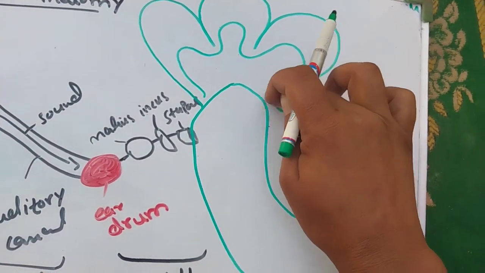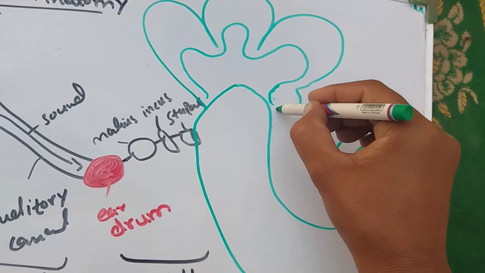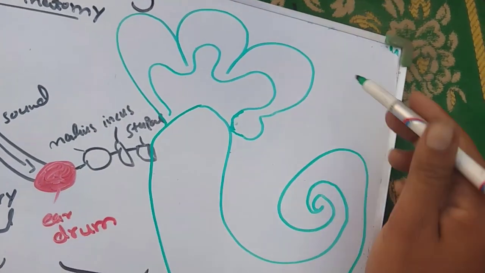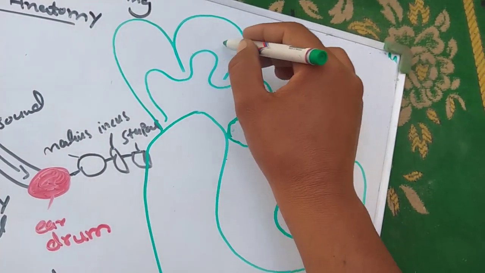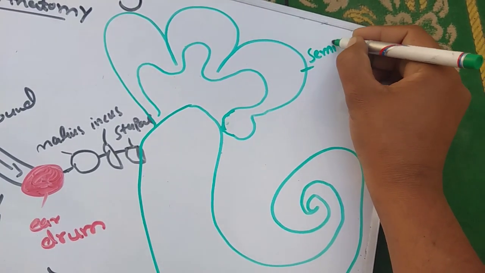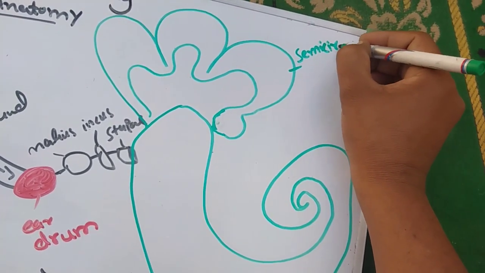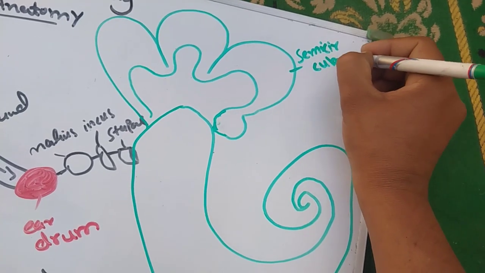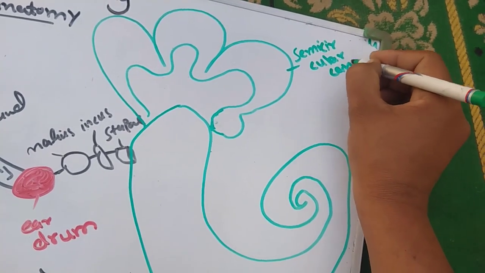These are the three semicircular canals: 1, 2, 3.